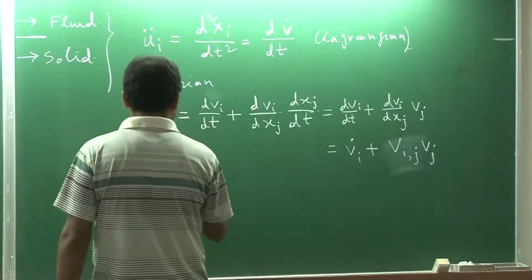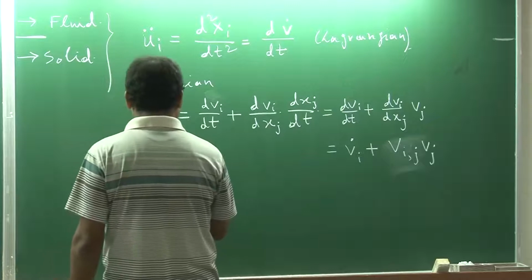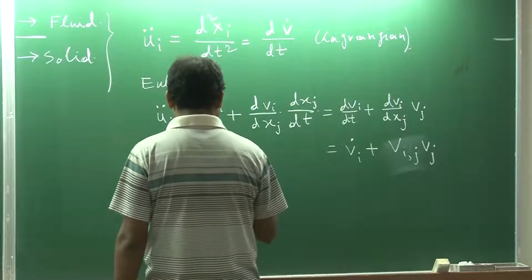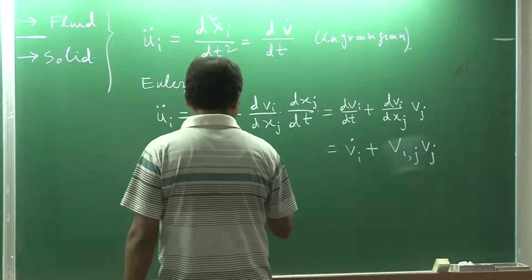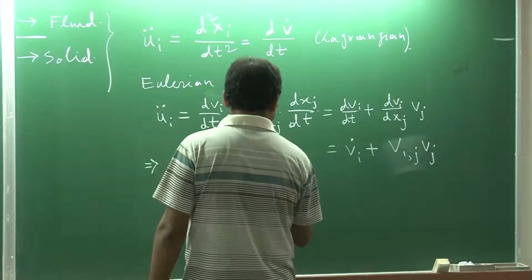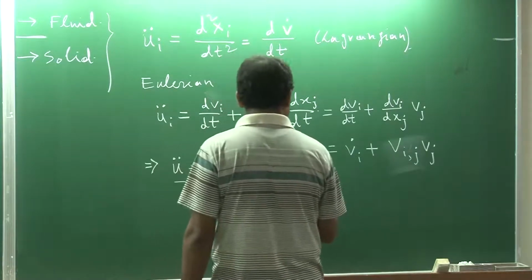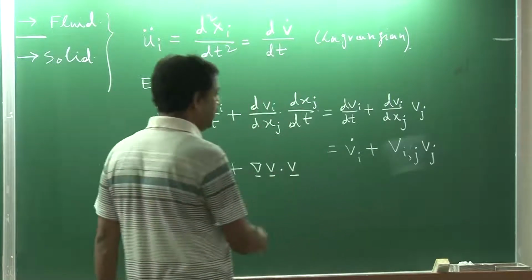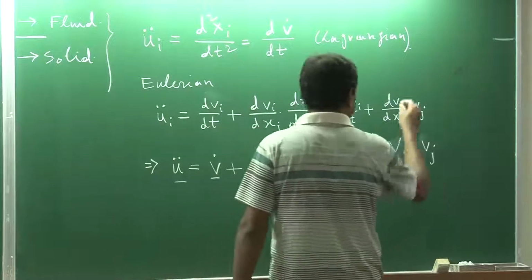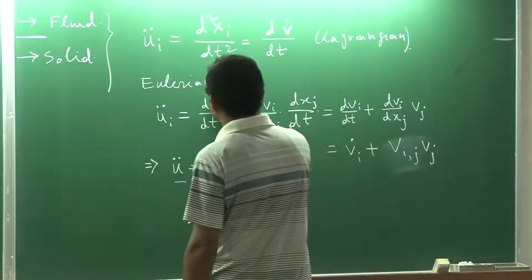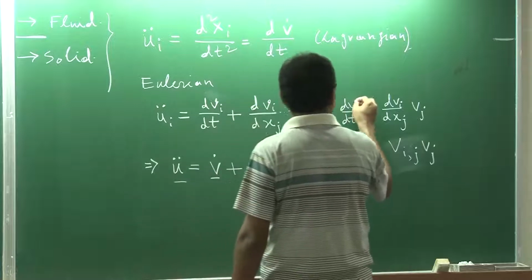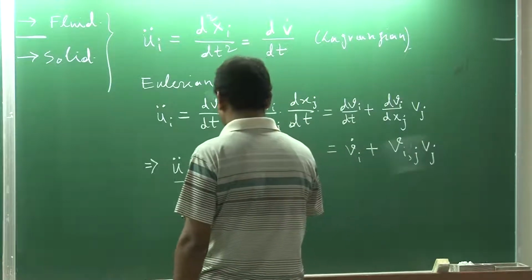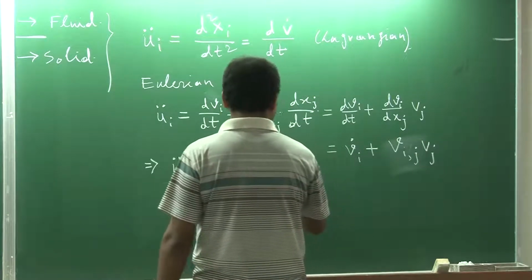Or if you want to write in vector notation, then the acceleration is nothing but the partial derivative of v with respect to t plus the gradient of this velocity vector, and then dot product with respect to velocity like this. Of course, these are all small v, please note that.